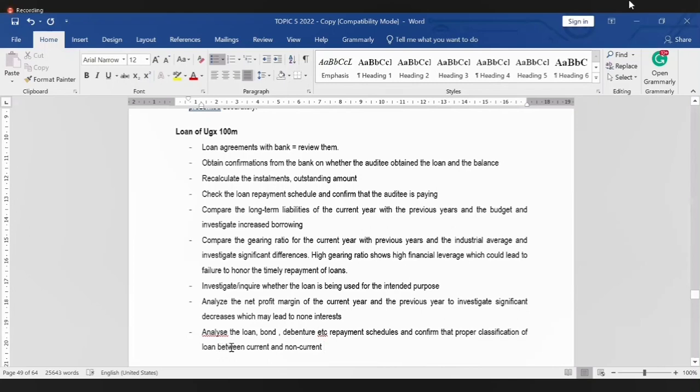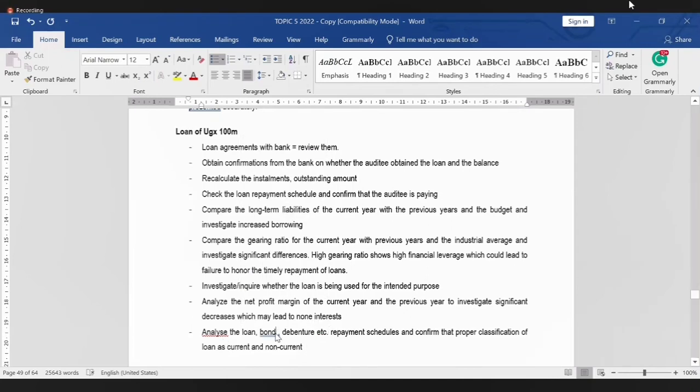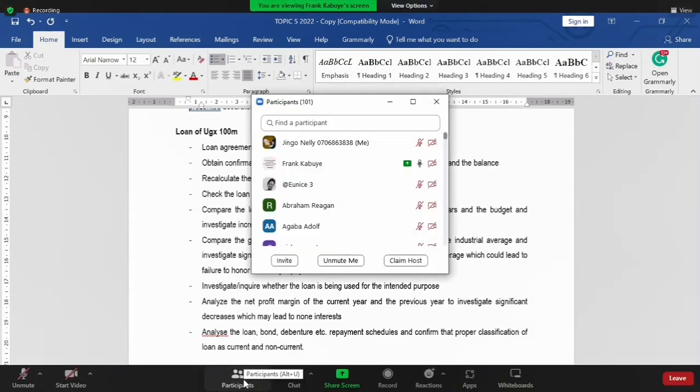Remember, we always prepare a loan repayment schedule. The amount you're going to pay the next year is the current liability on that, the installment. For example, you have a schedule now. The installment you're supposed to pay next month or next period is the current, because it's going to be paid in the next 12 months. Then the installments after that are non-current.